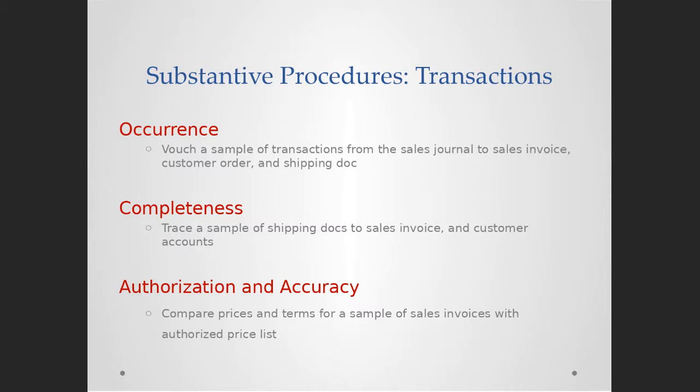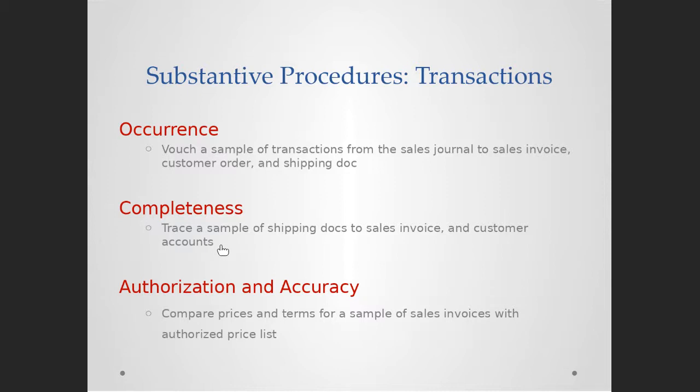So this is called tracing. Trace means go forward. So here we start with the documents and not the transaction. We go to the documents, we start with the first document and we go forward, and if we find that in the sales journal, that means they have completely recorded everything. Do you follow? So this is the opposite.